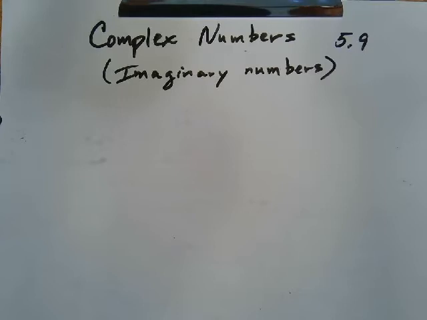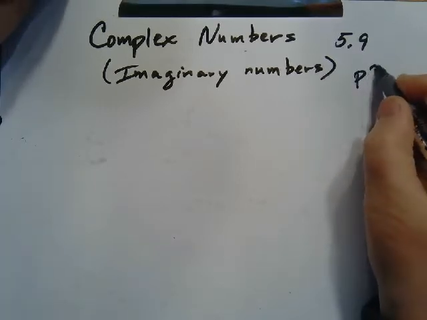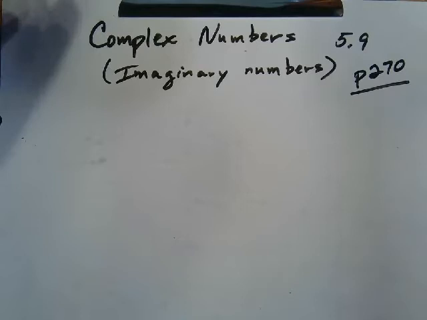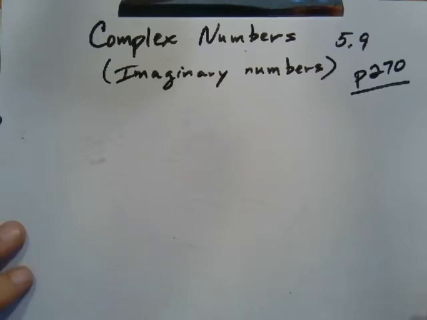All right. If you open your book up to page 270, this is a section titled Complex Numbers. This is an entirely foreign concept to anything you've done in the past.